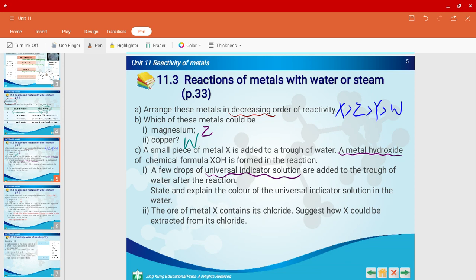In this case, because metal hydroxide is an alkali solution, the color of the indicator would become purple or bluish. Okay, you can write purple or blue. That's fine. And for the reason, you need to explain that an alkali solution is formed.